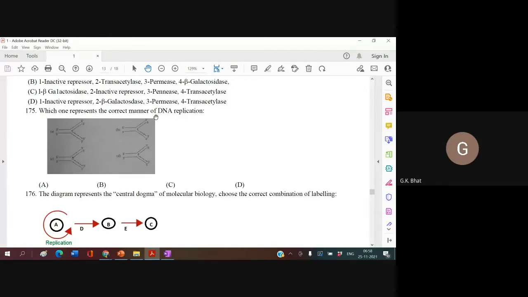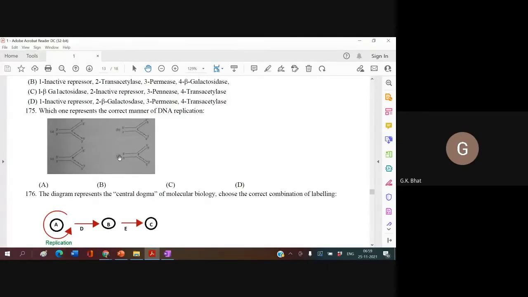Which one represents the correct manner of DNA replication? You must know what is the lagging strand. C. You must know where you have 5 prime, 3 prime, in which strand you have, which is the coding strand, which is the template strand, lagging strand, where Okazaki fragments occur.